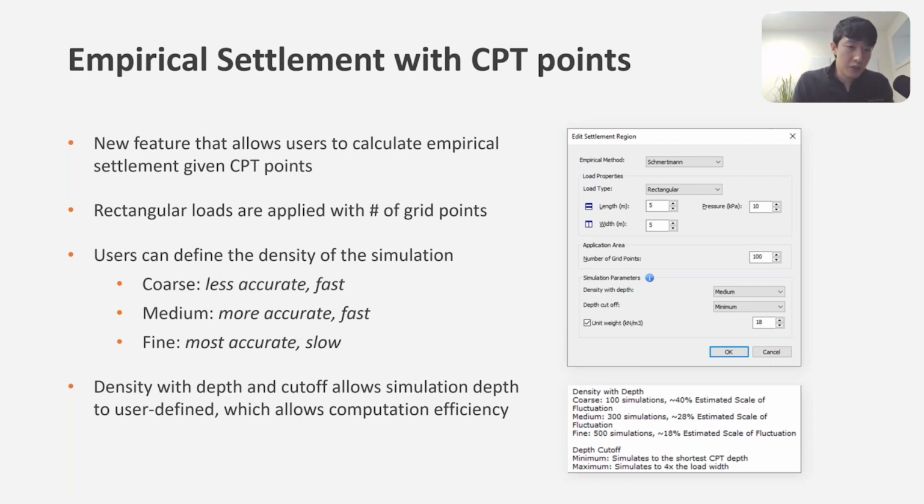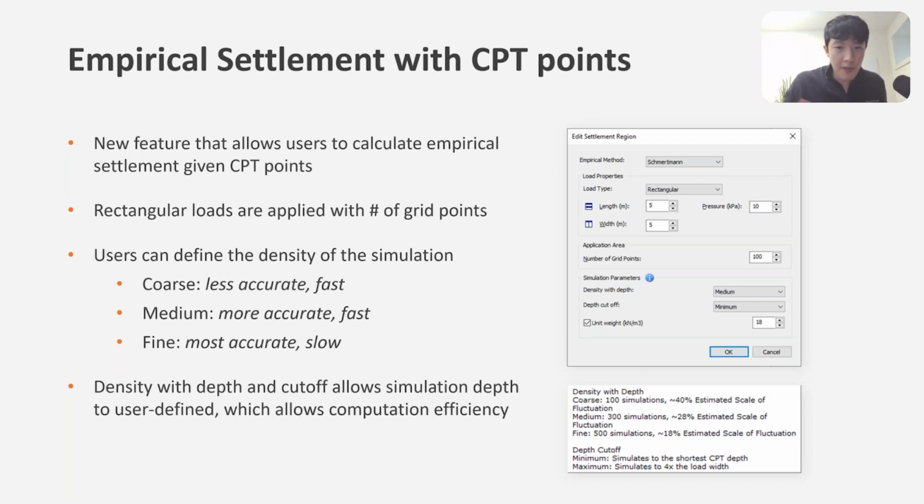The settings that the users can define are very similar to what we previously discussed in CPT simulation. So the coarse, medium, and fine, each going from less accuracy to the most accurate results at the cost of computation time.